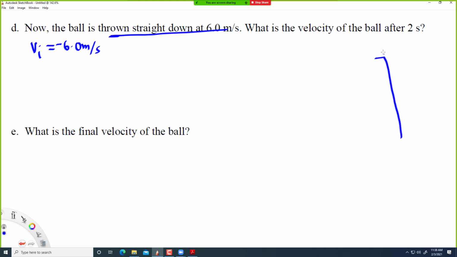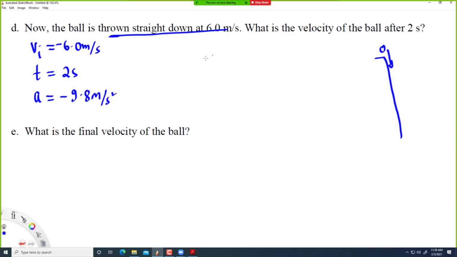You throw the ball vertically down, and time is 2 seconds. What else do you know? Exactly, negative 9.8 meters per second squared.